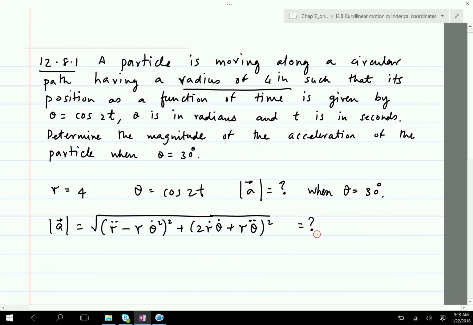So this is the unknown. If we can find the various derivatives of r and theta, we should be able to solve for acceleration.